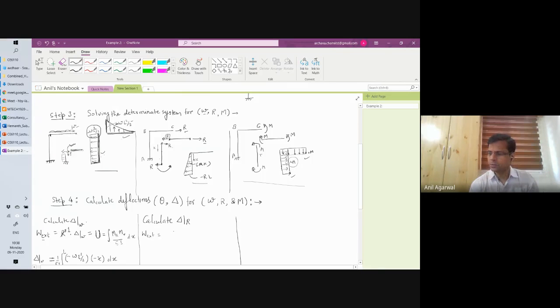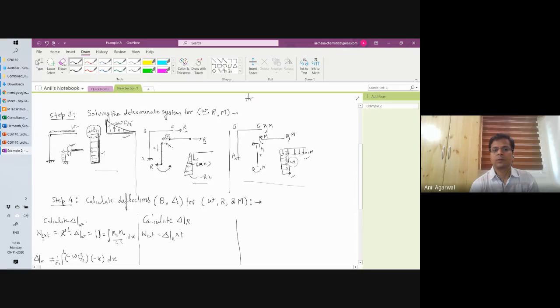So delta because of R multiplied by 1. Okay, 1 is the virtual load. So first I'm applying virtual load 1, and then I'm applying R in the same direction. And when I'm applying R, the system is deflecting by delta. Okay? Delta because of R.